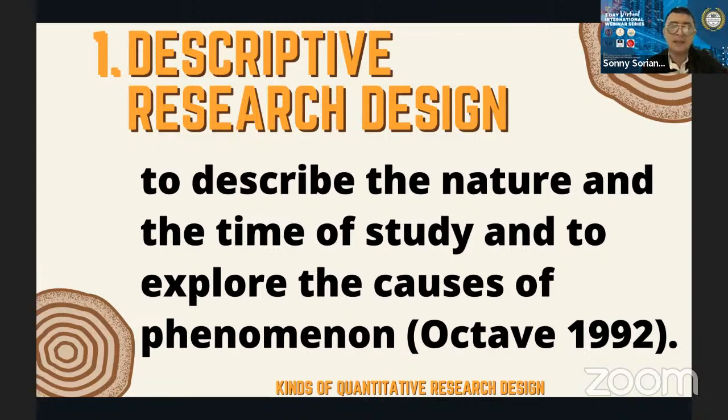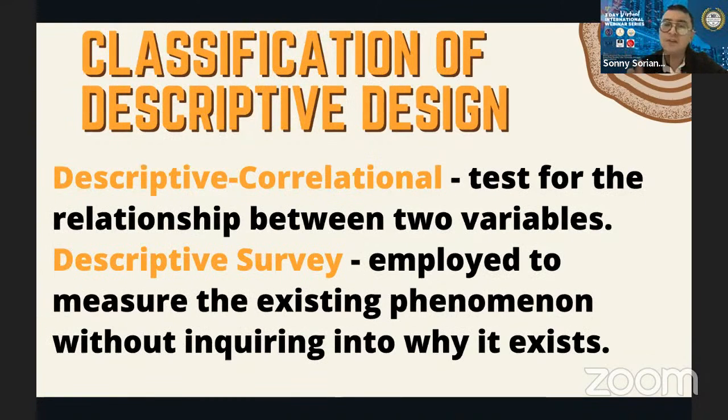Descriptive research design is all about describing the nature and the time of the study and exploring the causes of phenomenon, according to Octave of 1992. This is very familiar to all of us as researchers; this is the design most commonly used. What are the different classifications of descriptive research design?